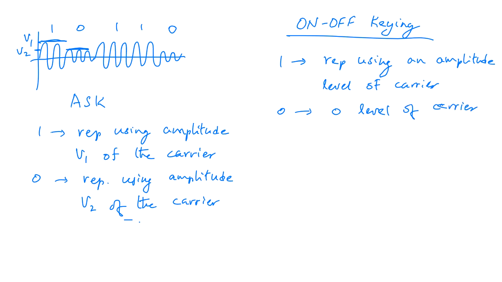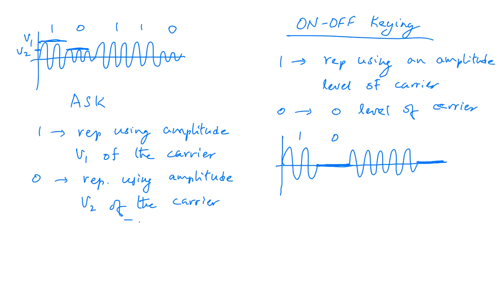So if you draw the waveform for this, whenever there is a 1, the carrier has an amplitude level, and whenever it's a 0, the carrier amplitude level becomes 0. So there is no carrier there. Again, if it's 1, there is a carrier. Again, there's a 1, so we have the carrier, and for 0, it will simply be 0. So that's 1, 0, 1, 1, 0, right?